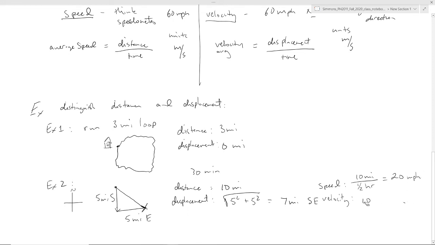And then down here we have 7 miles southeast divided by 1/2 an hour. It was 14. Okay. It's just a quick example to show you the difference between distance, displacement, speed, velocity, these scalar and vector quantities.